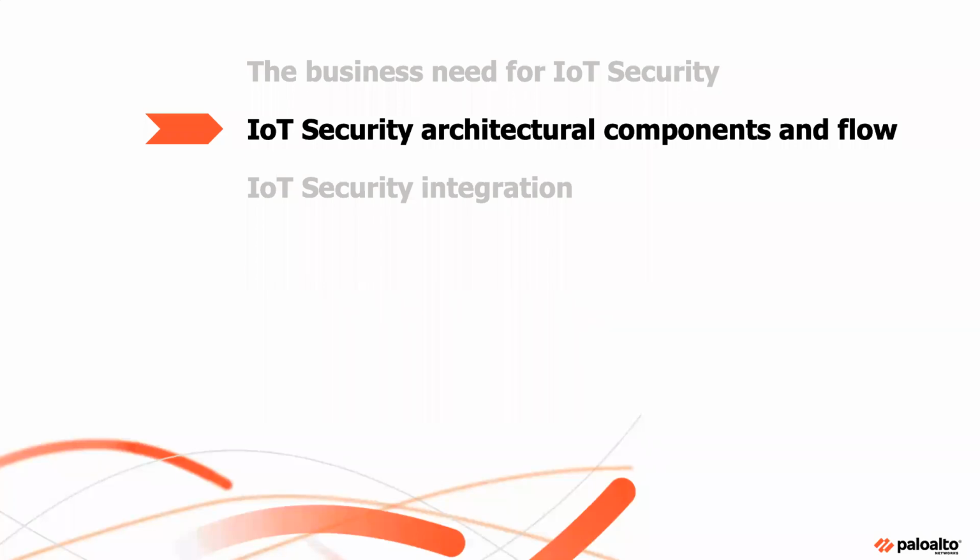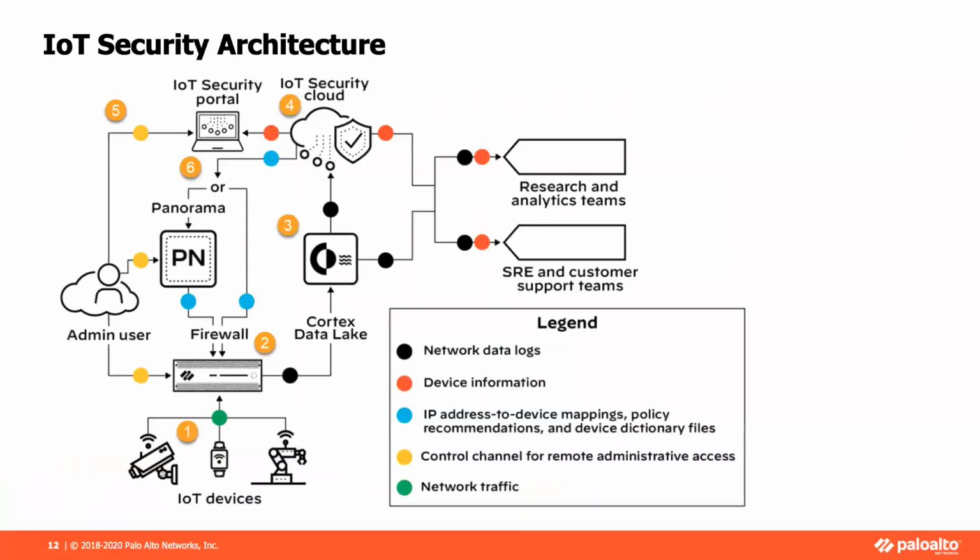We look at the components, the pieces and the parts of IoT security. We'll delve into this for a moment. First of all, devices are brought up on a network, IoT devices, cameras or robots or whatever the case may be.